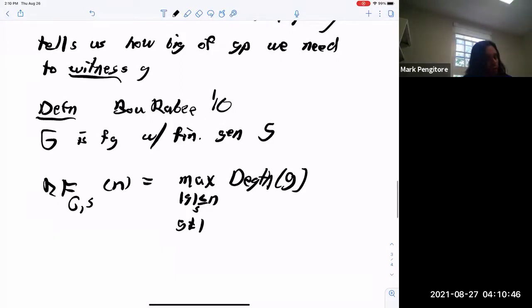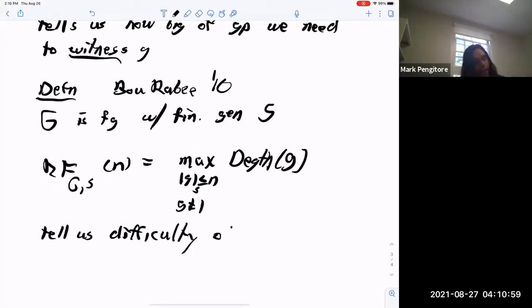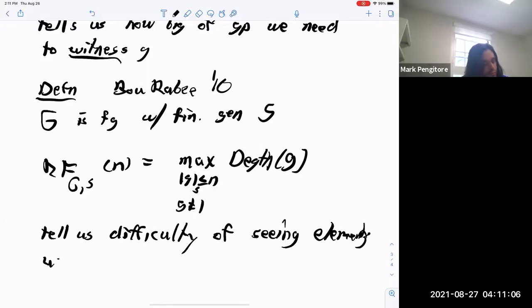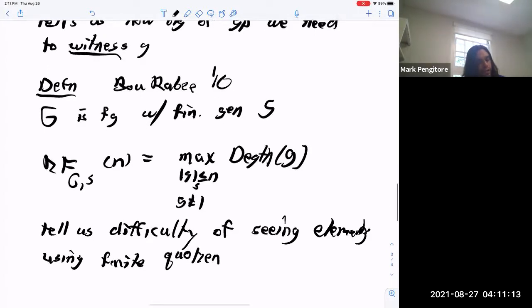Okay, so the interpretation of this is that this tells us the difficulty of seeing elements using finite quotients as we vary over the n ball.